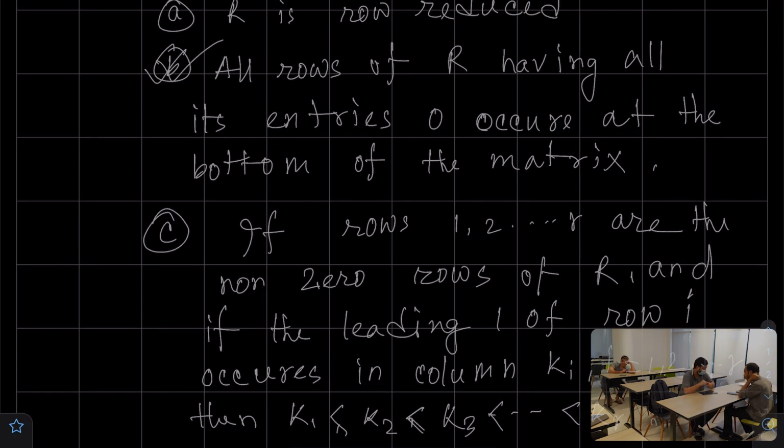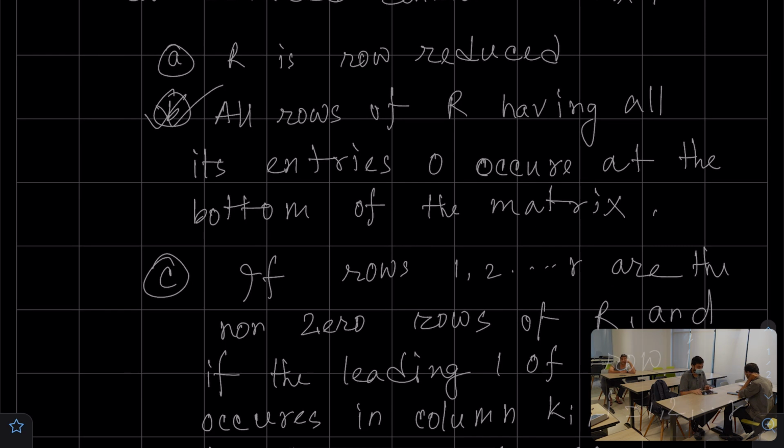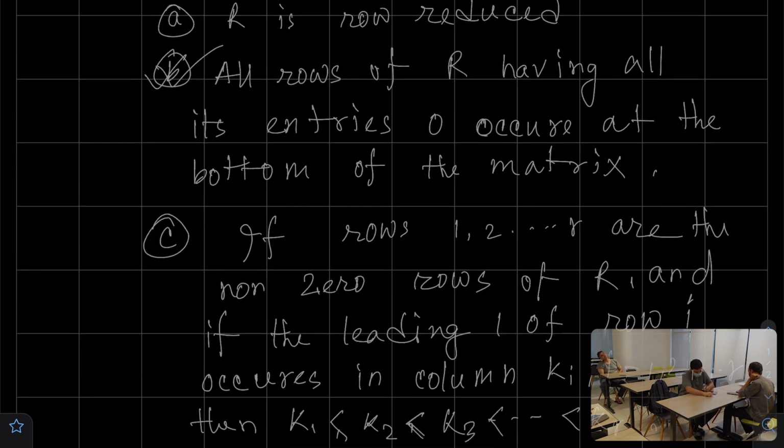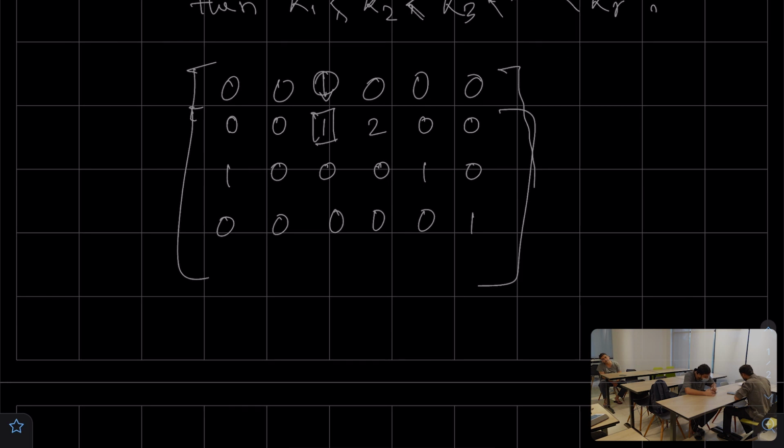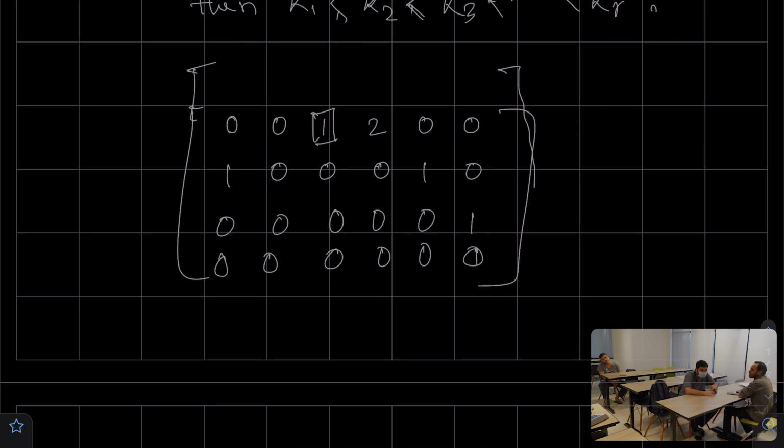For a row reduced echelon matrix, the second condition says that all rows of R having all their entries 0 occur at the bottom of the matrix. So if I erase it and write it like this, it is still a row reduced matrix but not a row reduced echelon matrix, but here the zero row is at the bottom.